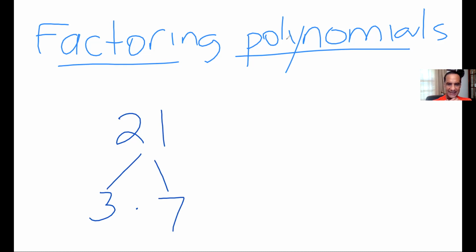Now, when things get a little dicey is when we take this whole situation and move over to expressions. Like, for instance, consider the case of 4x minus 8.